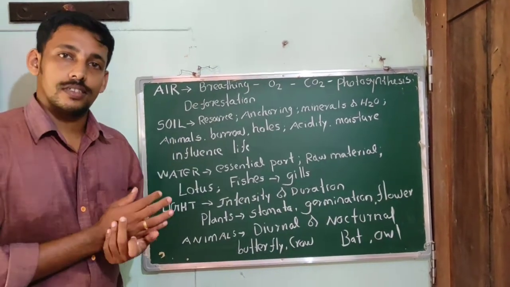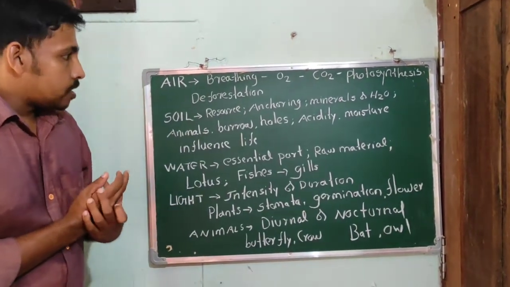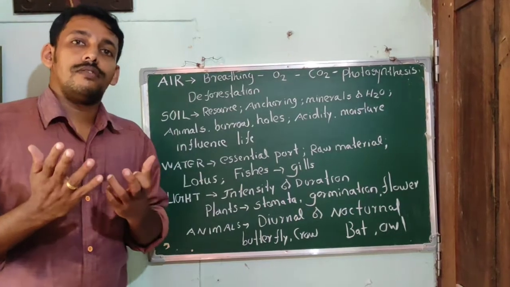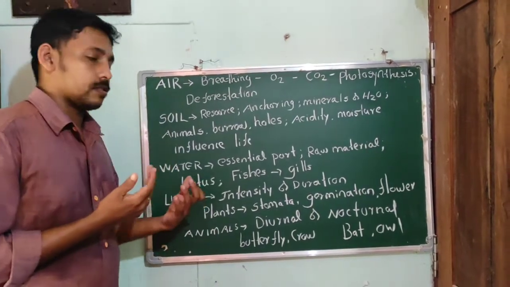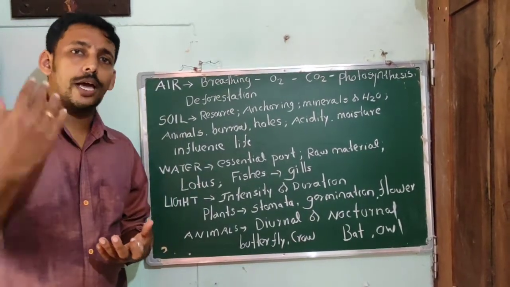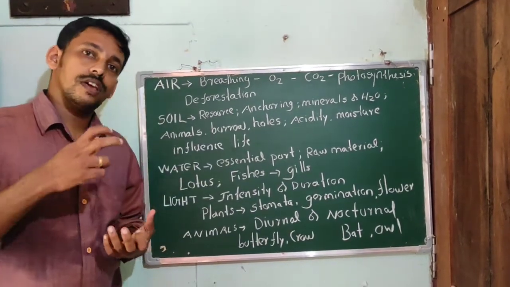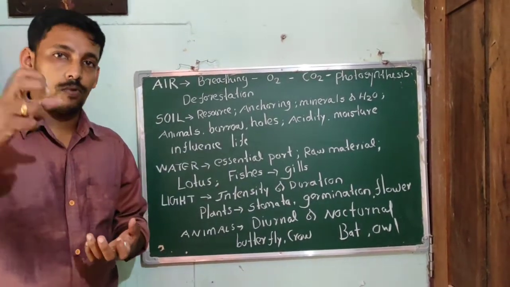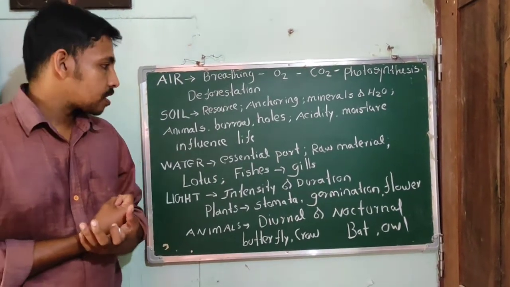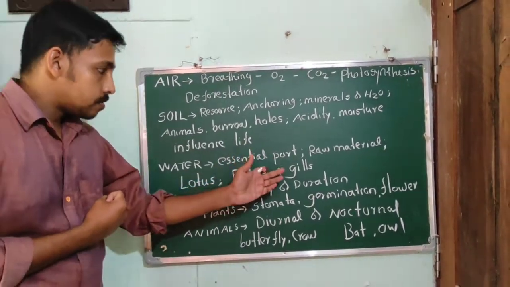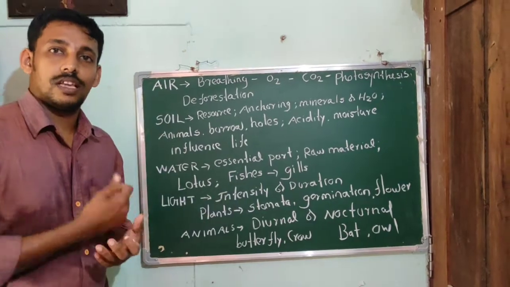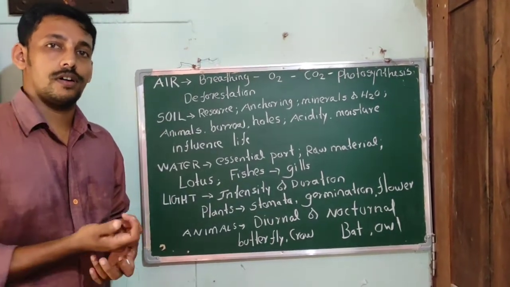Photosynthesis. There are also some plants which live in the water, for example, lotus. In the case of animals, fishes are the most important. Fishes use the dissolved oxygen in the water, and they use gills for taking oxygen. Gills are the respiratory organs of what? Fishes.